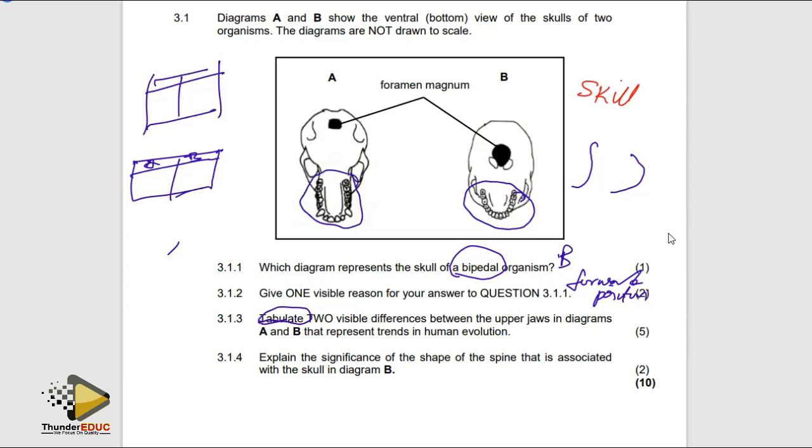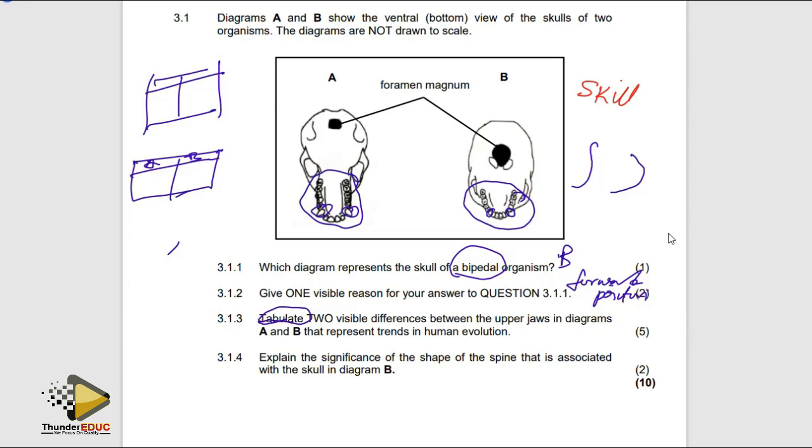All right, now let's compare skull A and skull B. Number 1, they're saying the upper jaw. Let's look at these teeth. The canines here are big, meaning that they are well-developed canines. Here, the canines are less developed, meaning that they are small.